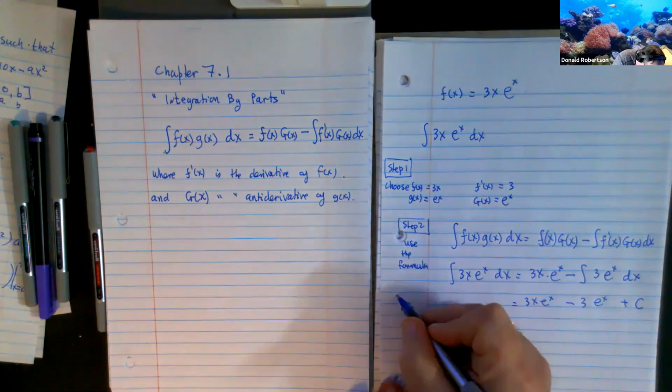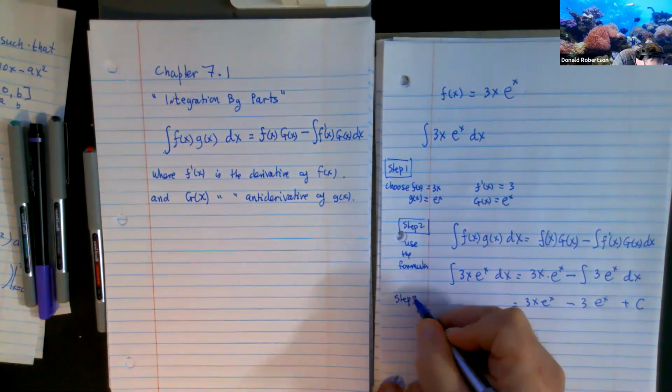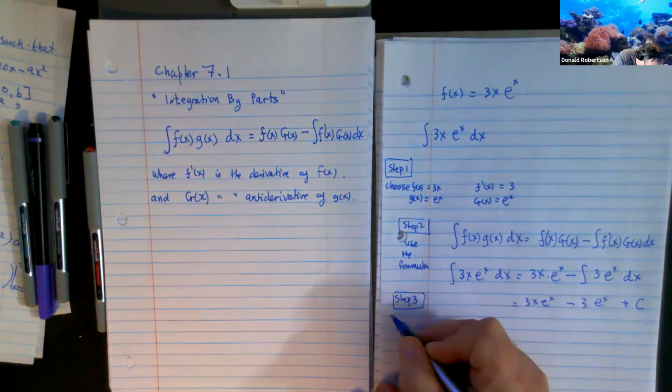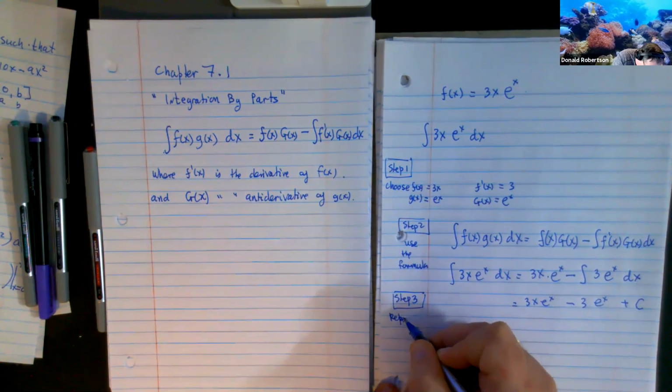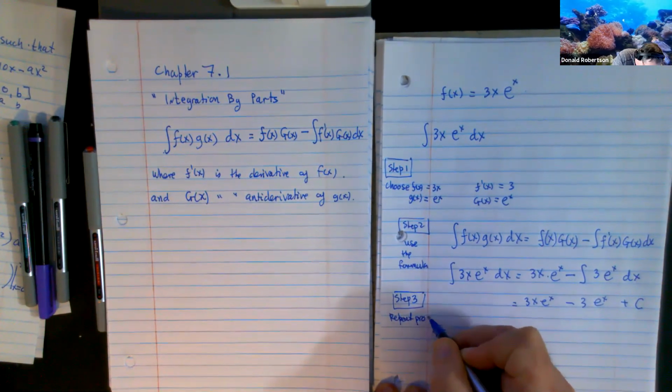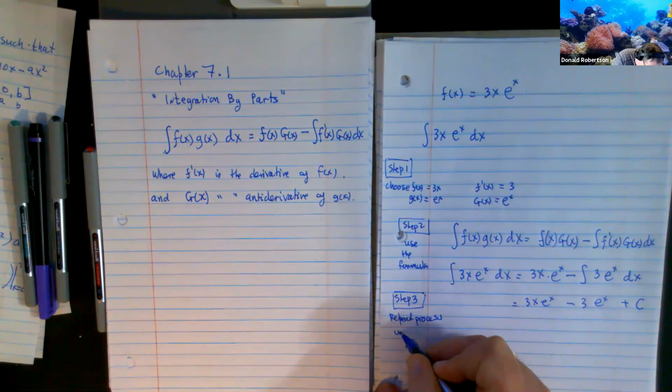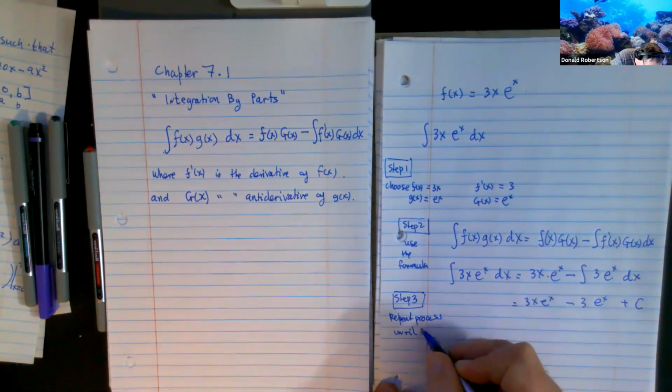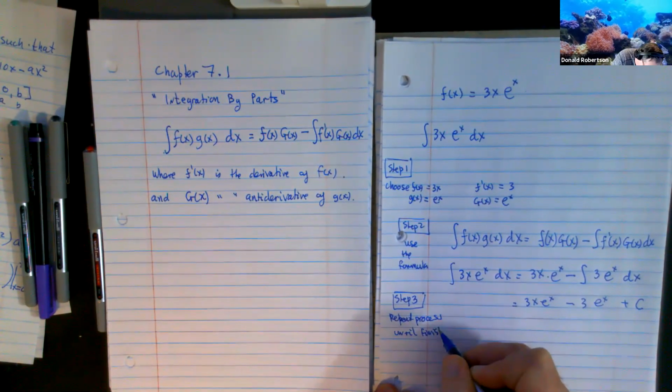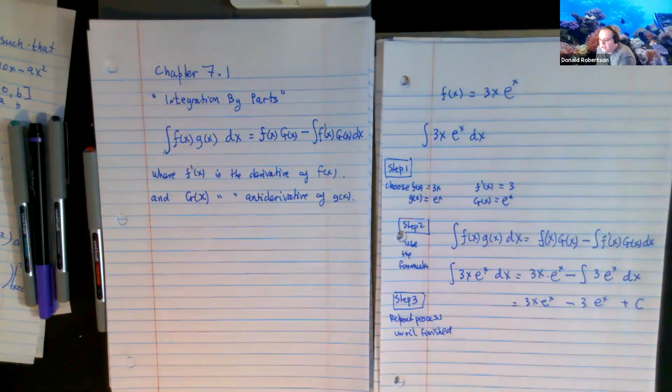Technically, there's a step 3 here, but we didn't really need it. And step 3 is repeat process until finished. Well, in this case, I didn't need to repeat the process, right? I was pretty much finished.